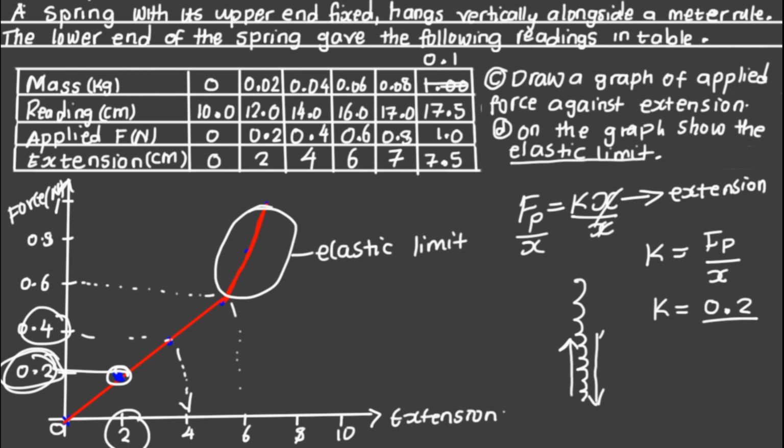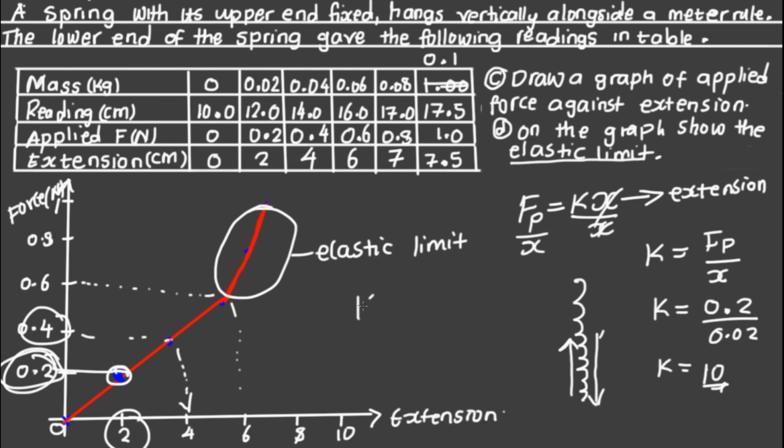Remember, the extension according to our question is given in centimeters, but when finding the constant, make sure you change to meters. So 2 divided by 100 gives us 0.02. If you punch 0.2 divided by 0.02, you get the answer 10.